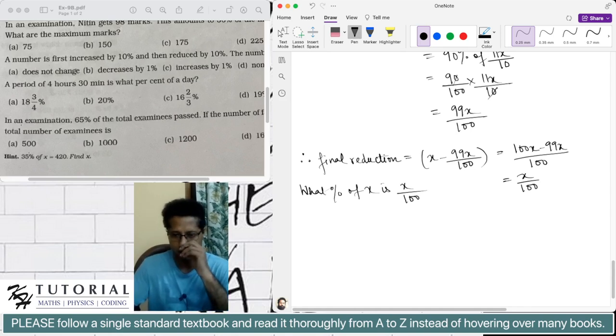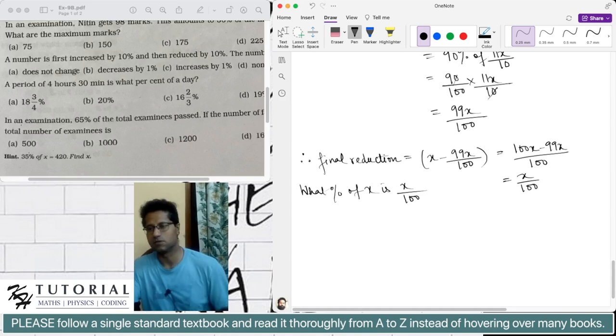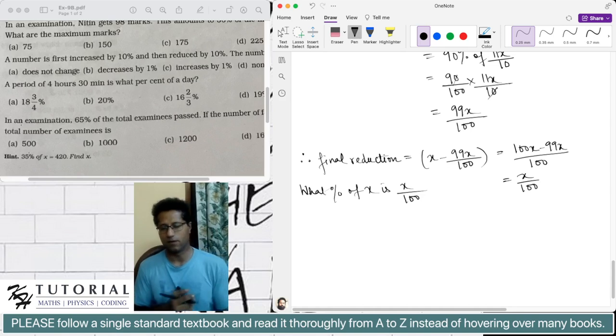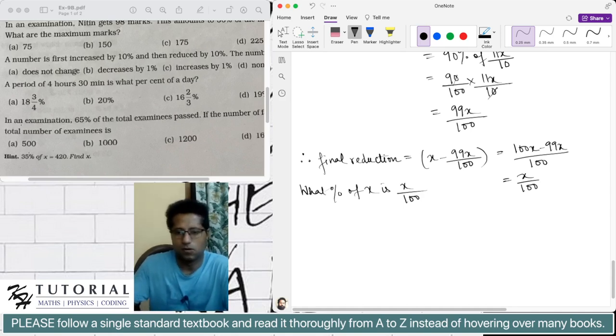By this much percentage the number has decreased, because the final number 99x by 100 is definitely less than the original number x. So there is a final reduction of x by 100. So what percentage is x by 100 of x?